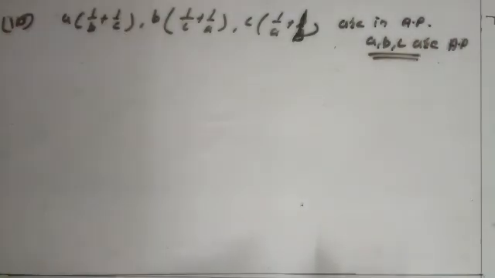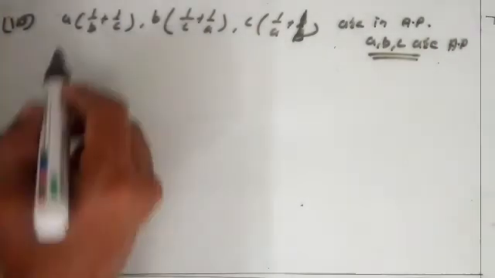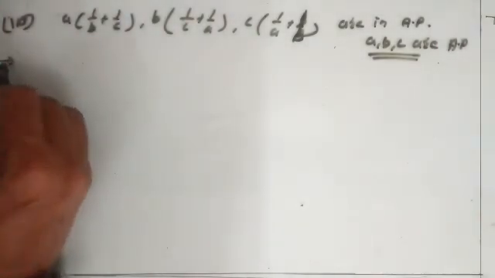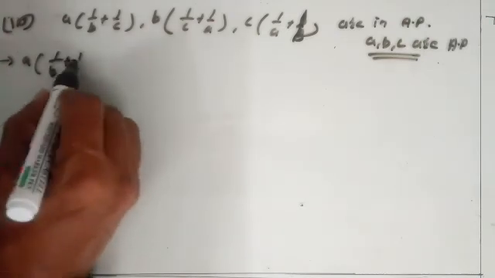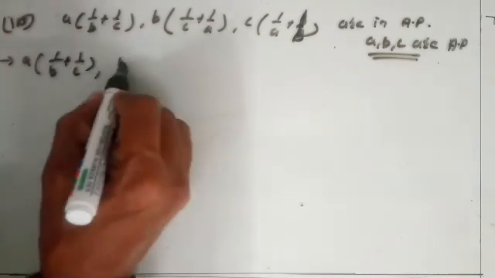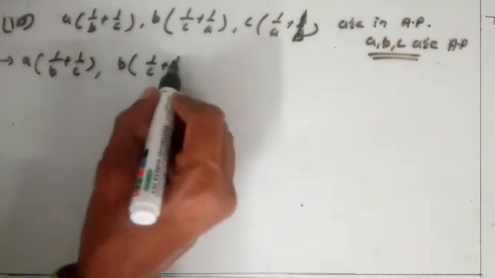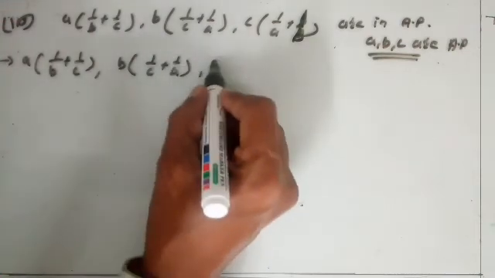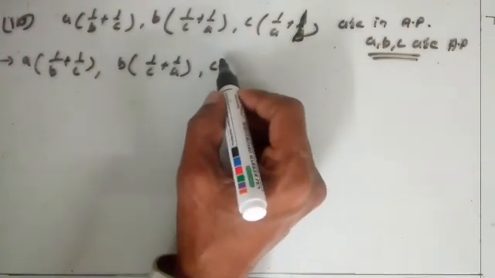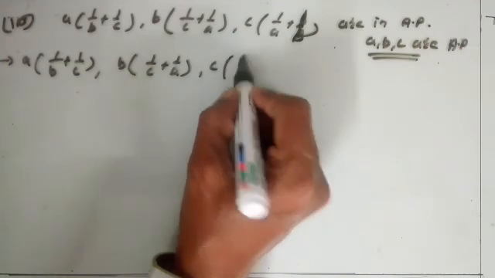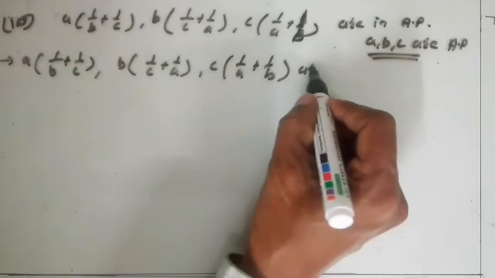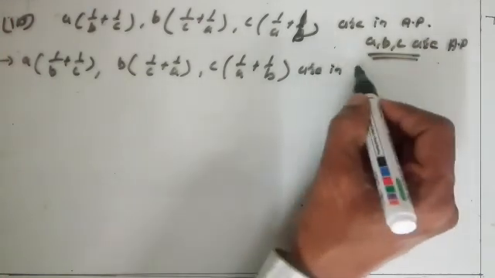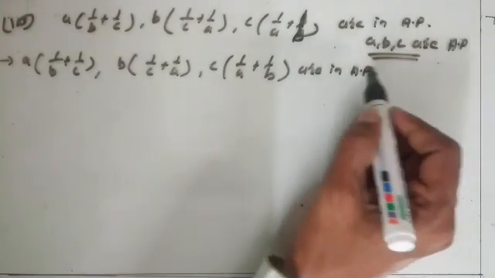Prove this. Here given a into (1 upon b plus 1 upon c), b into (1 upon c plus 1 upon a) and c into (1 upon a plus 1 upon b) are in arithmetic progression.